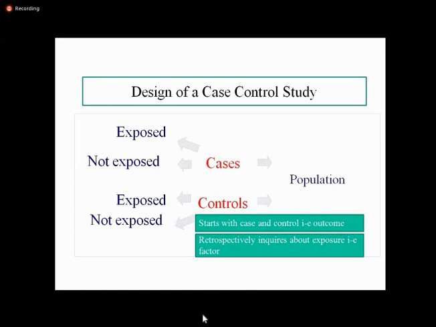But the trick in this type of study design is that you have to do proper matching for these cases. Suppose a person is 50 years of age with lung cancer, so in the control group you should take the same age group from the same community or same area for comparison.